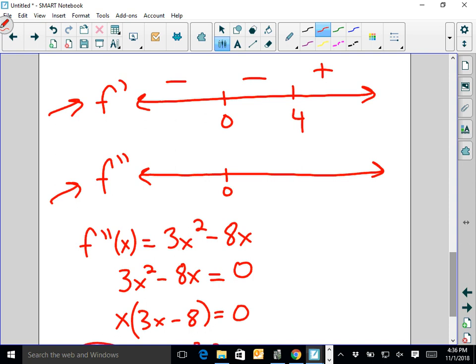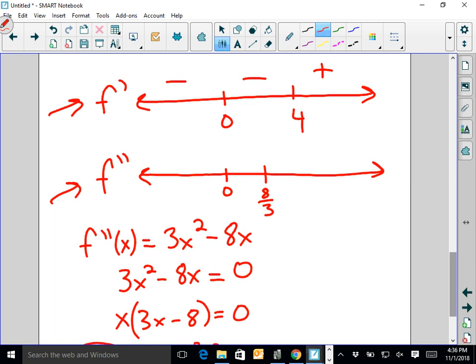It's like 2.6 repeating. So this would be like 1, 2, 3, and somewhere right about here would be 8/3. It doesn't have to be perfect, but the better we line that up, the easier it'll be to do our next task.